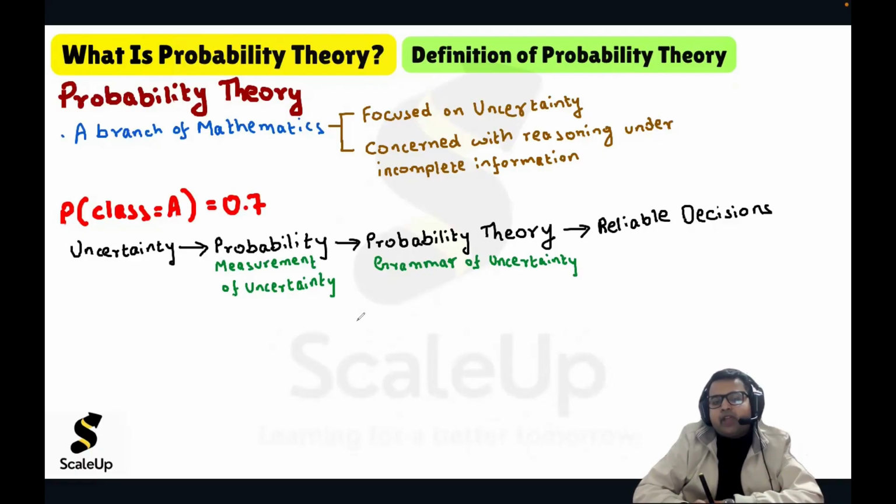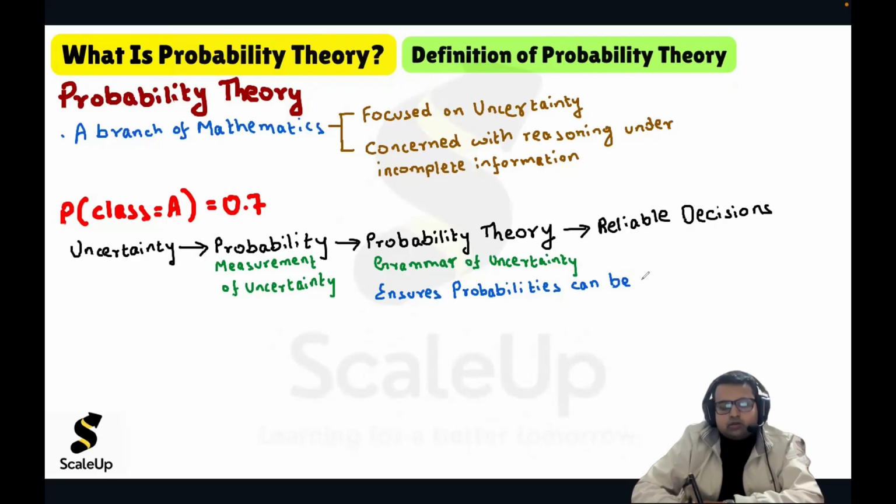Like in grammar, we have rules which help us in taking reliable decisions and help us to reason despite having incomplete information. Probability theory ensures probabilities can be compared. Probability theory ensures probabilities can be combined and updated.